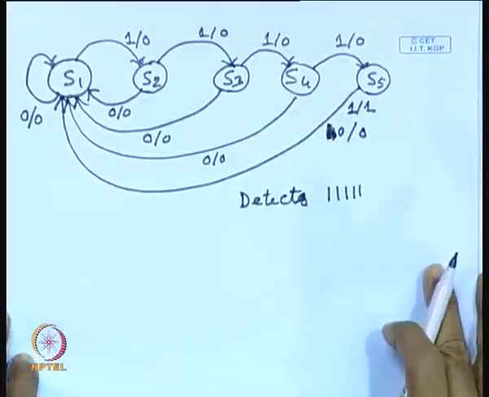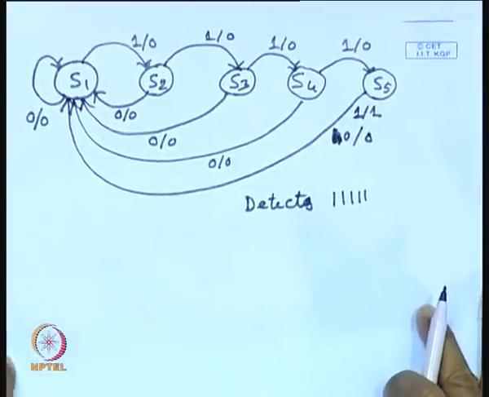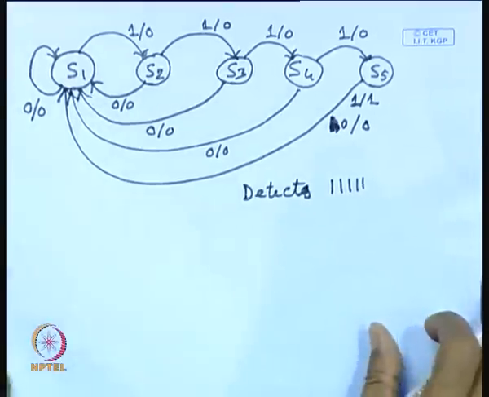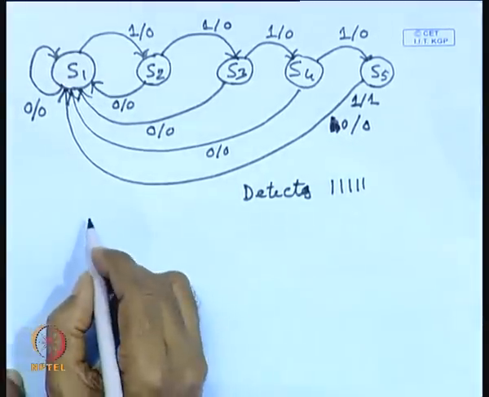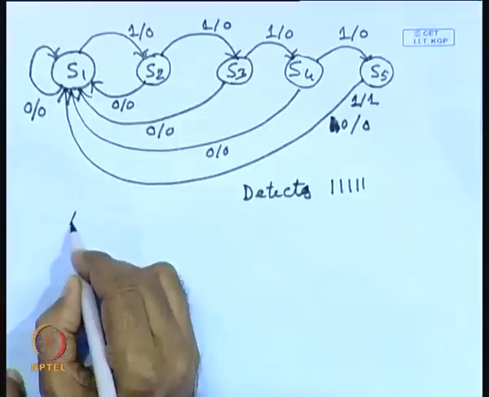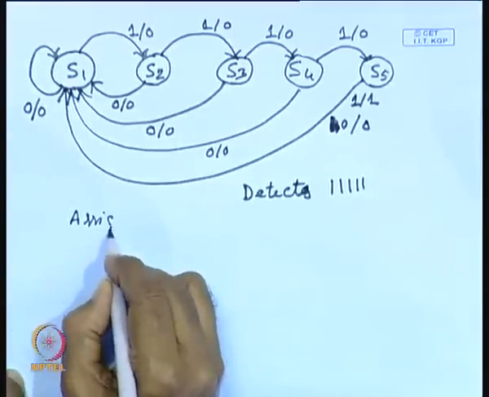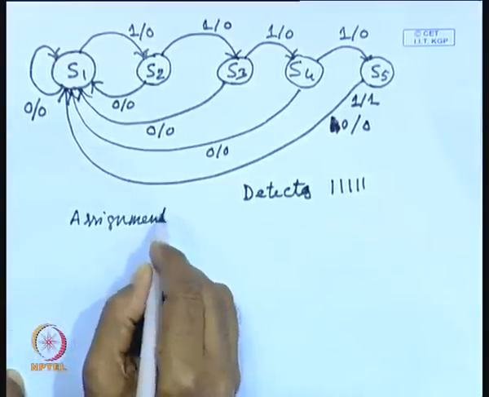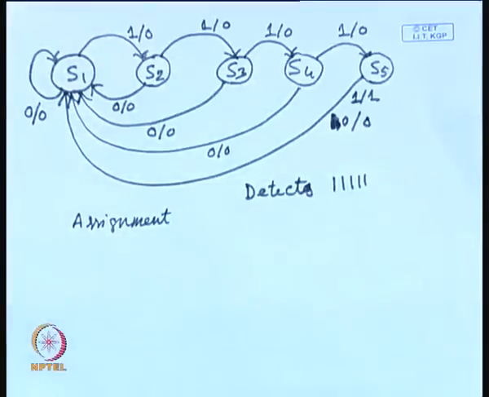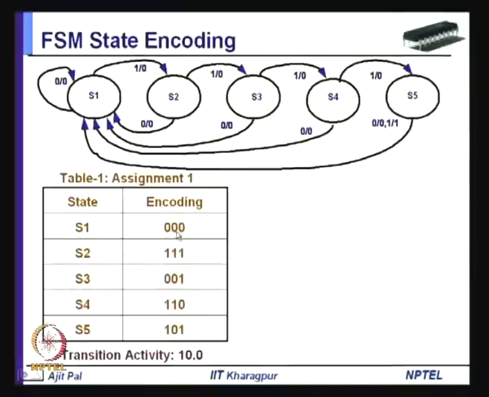In this case you can perform state assignment, and let us consider two different state assignments. Let me show it here. This is assignment 1, where S1 is given 000, S2 is given 111, S3 is given 001, S4 is given 110, and S5 is given 101.